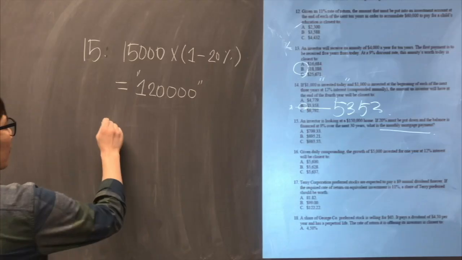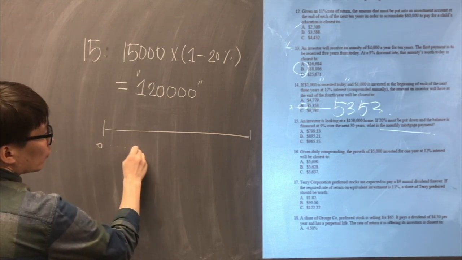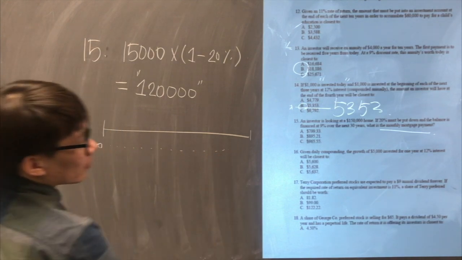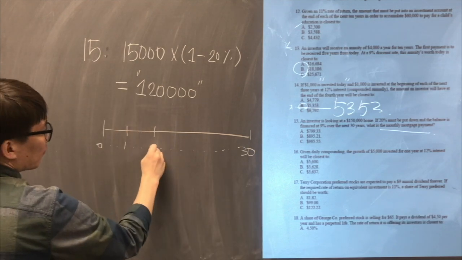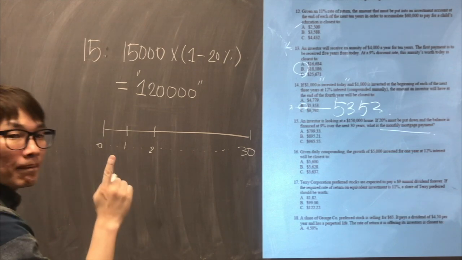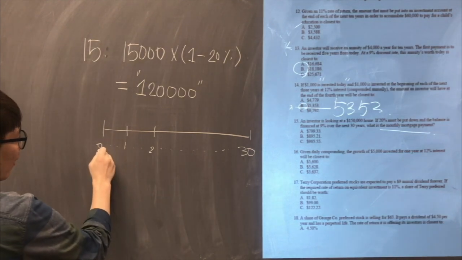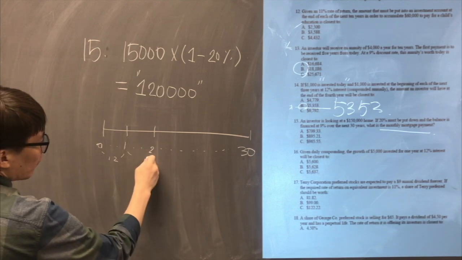In other words, 0 to 30 years. 0, 1, 2, 30 years. However, monthly. 0 to 1, we have how many months? 12 months. 1 to 2, 12 months.